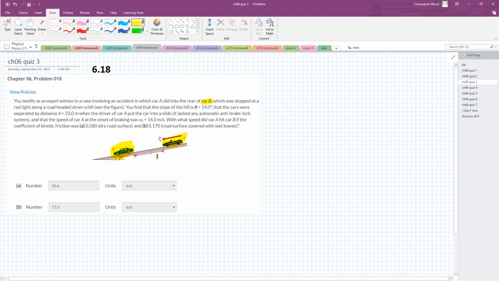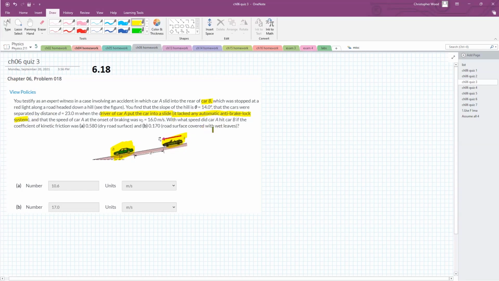You slam on the brakes, and the driver of car A puts the car into a slide, meaning you slam on the brakes because it lacked an automatic anti-lock brake system.